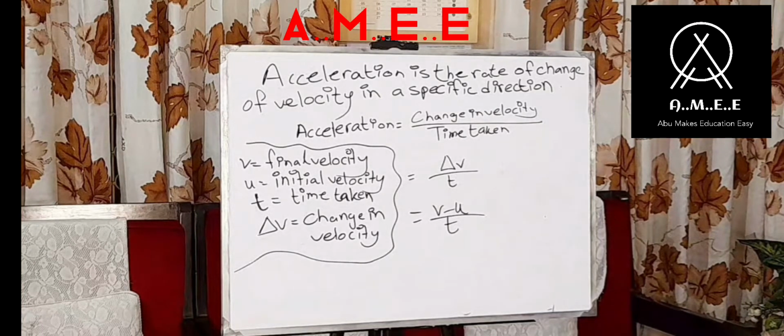We can write a equals del V by T, or we can also write V minus U by T. Here I have written that V is the final velocity, U is the initial velocity, T is the time taken, and del V is the change in velocity.